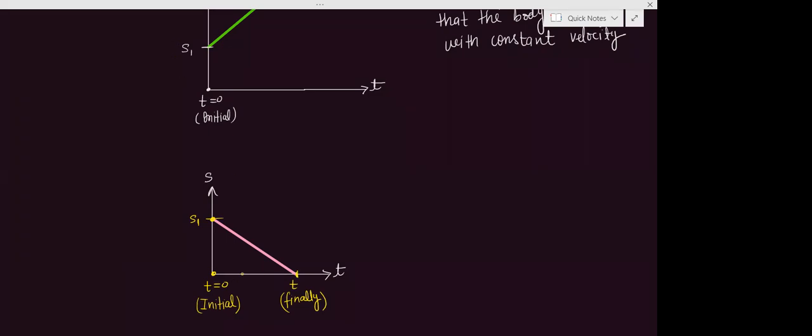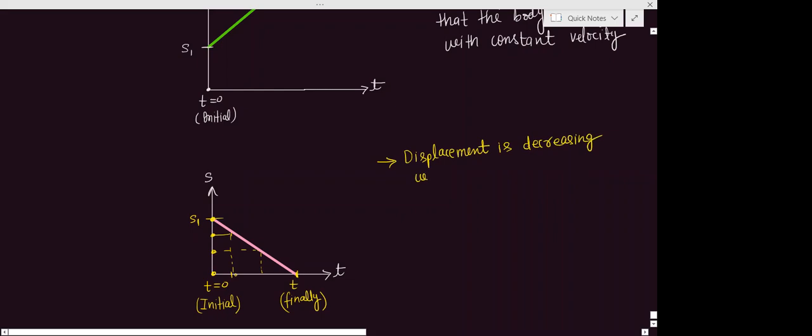So what we can say, with time the displacement is decreasing. Suppose at this time the displacement will be this, and at this time the displacement will be this. From here to here, the displacement is decreasing with time.